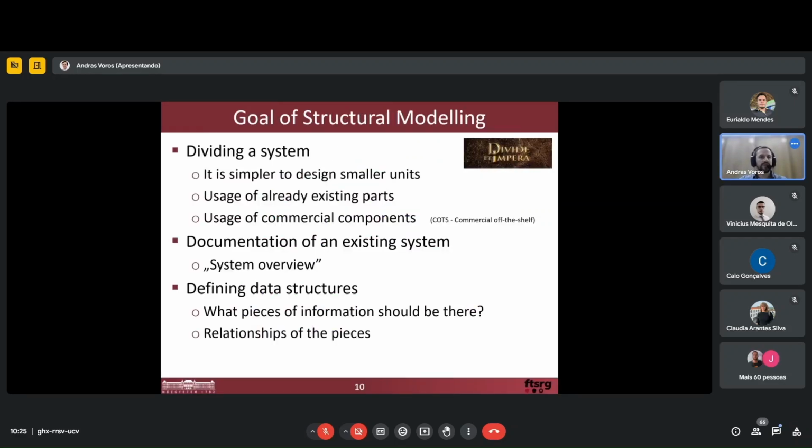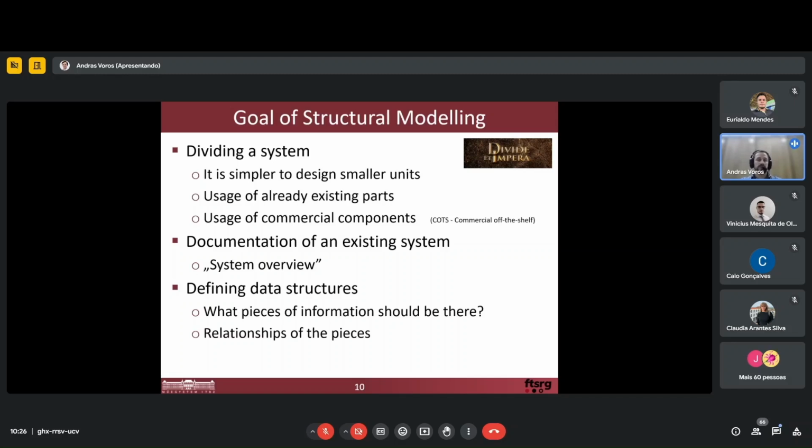So the goal of structural modeling is to divide the system in a way that makes it simpler to design smaller units, and also, very important, to use already existing parts. Whenever you go to the industry and you are facing real systems, it is very, very rare that somebody starts a new project from scratch and there are no existing parts.